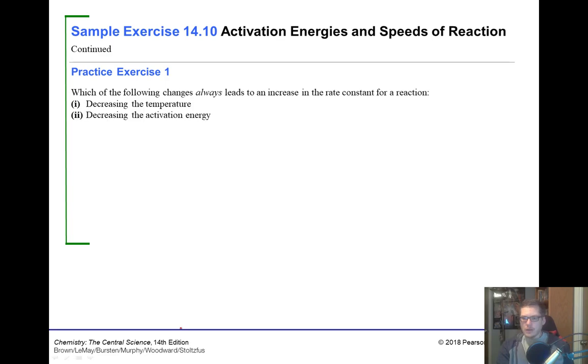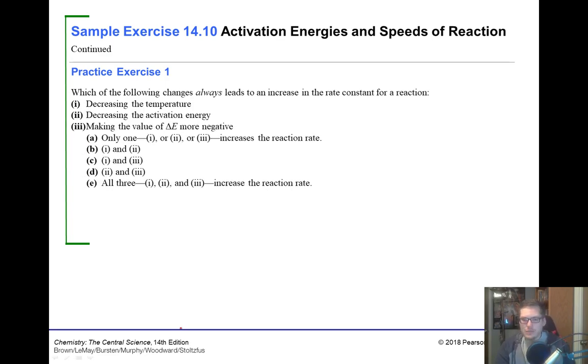All right. Let's see. Which of the following changes always leads to an increase in the rate constant for a reaction? Decreasing the temperature, decreasing the activation energy, making the value of change in E more negative. Well, number 2 definitely does.